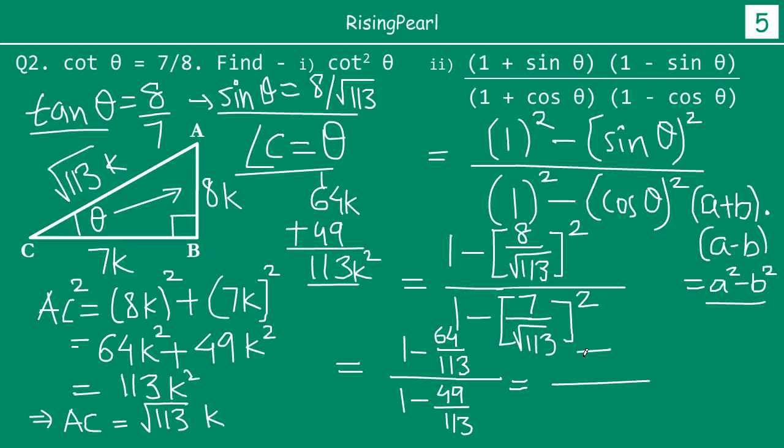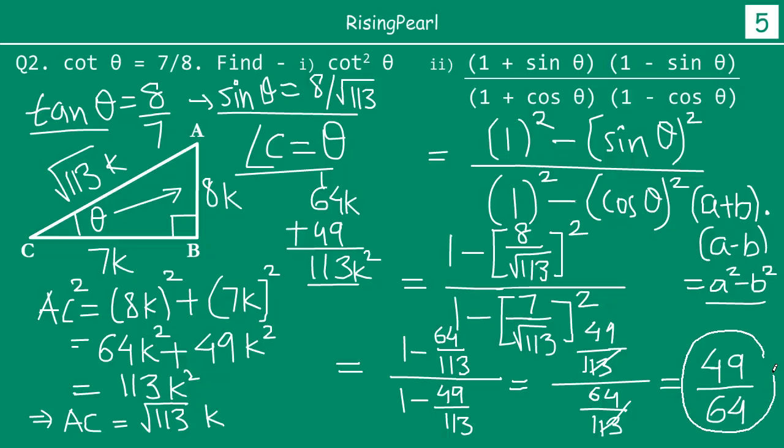So here you will get denominator 113, and then 113 minus 64 will be 49. And denominator you will get 113 here. 113 minus 49 is 64. So essentially this and this will cancel out and you will get 49 divided by 64. So this is the value of this expression.